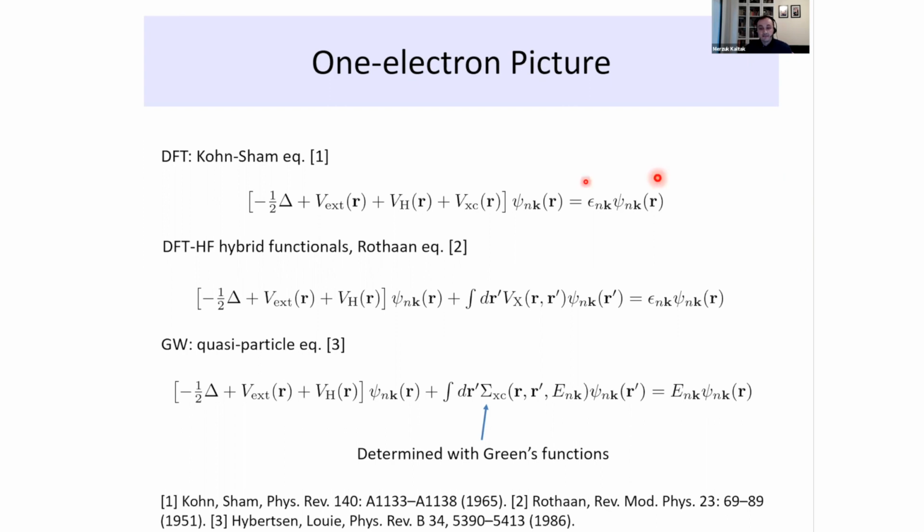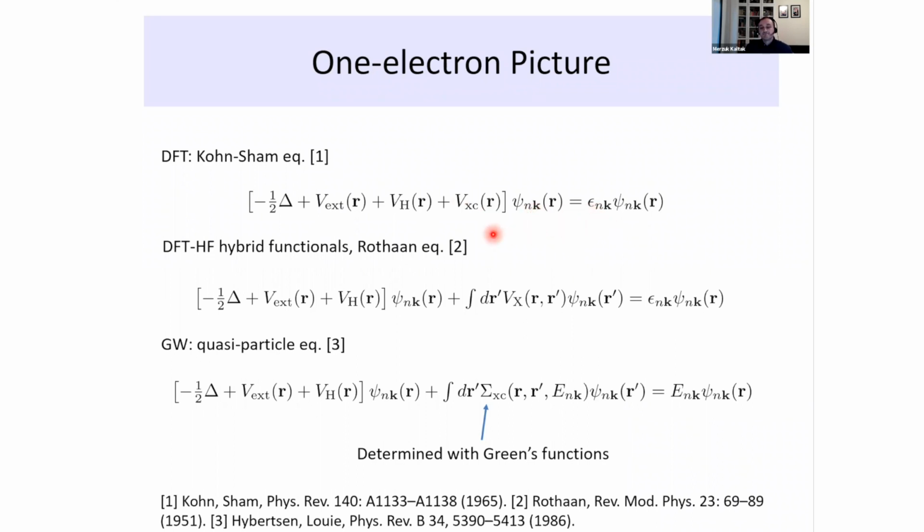So in Kohn-Sham DFT, the Schrödinger equation consists of the kinetic term, the external potential, the Hartree potential, and the exchange correlation potential. This potential is local in nature and depends only on one space coordinate, the space coordinate that the solution of this equation, namely the orbitals, depend on.